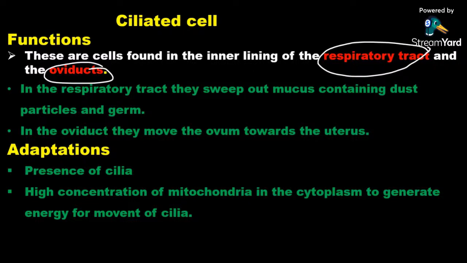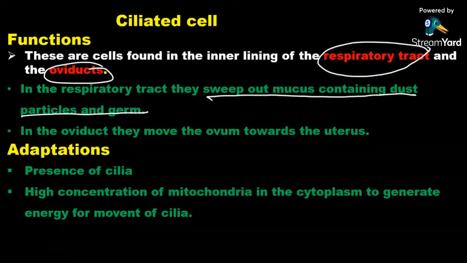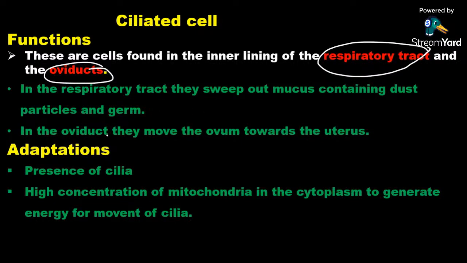So what do they do in the respiratory tract? They sweep out mucus containing dust particles and germs. That is the main function in the respiratory tract. What about in the oviduct? In the oviduct, they move the ovum, the egg, toward the uterus.